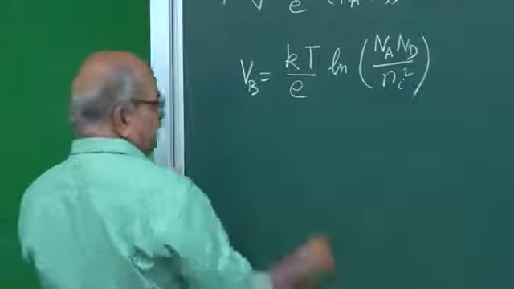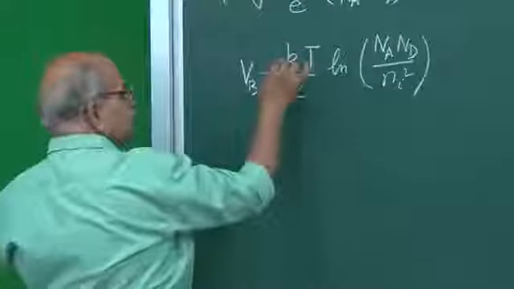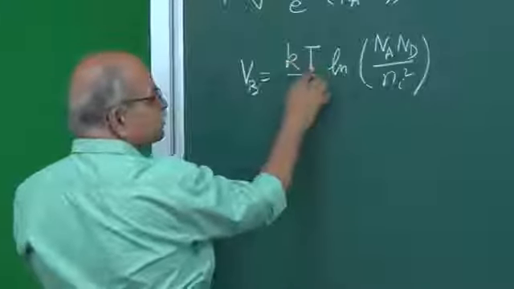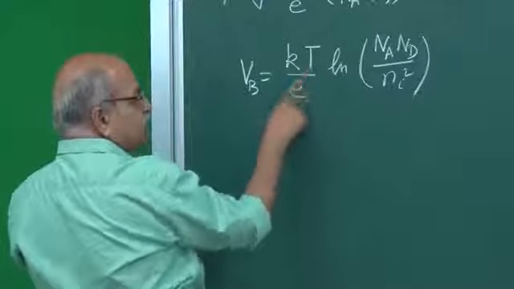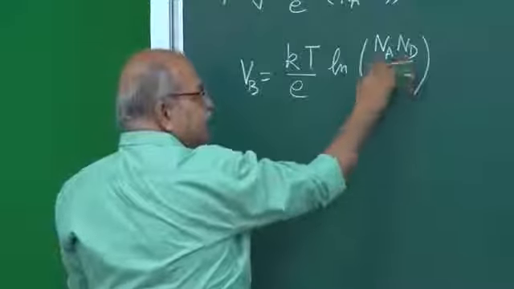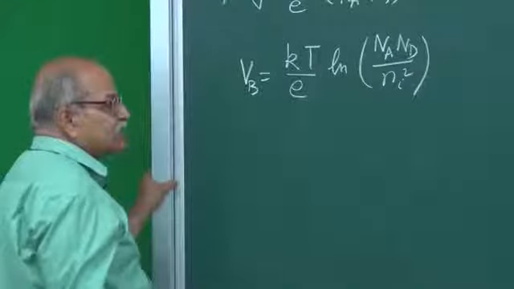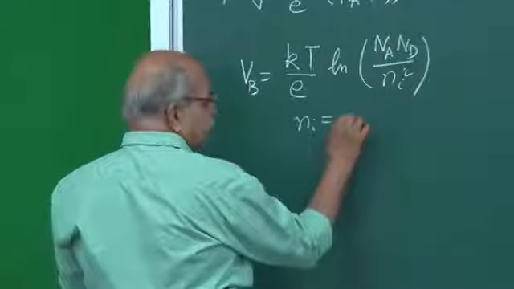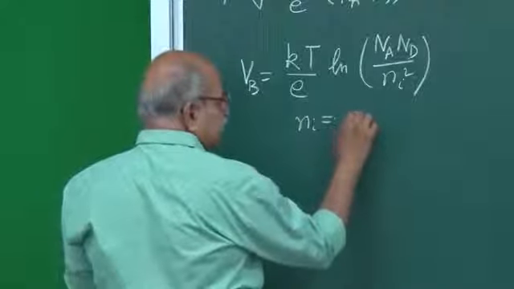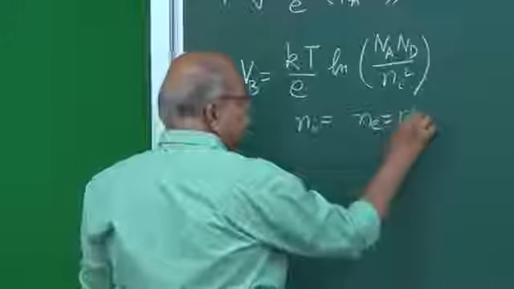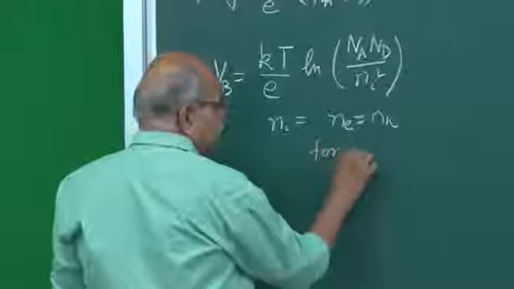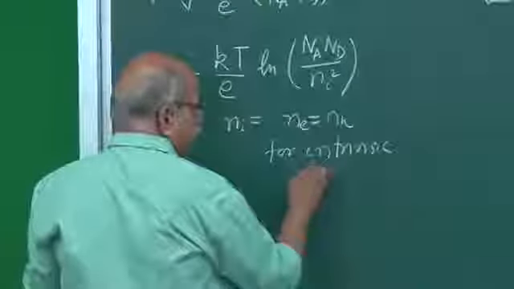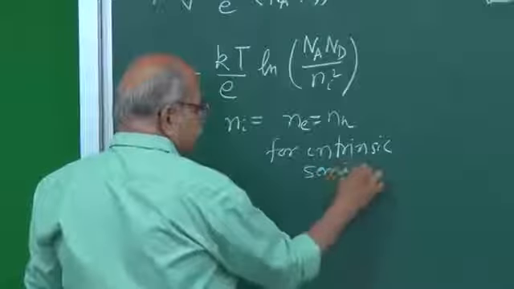You remember we have introduced all these symbols. This is Boltzmann constant K into T, temperature in Kelvin, E the electronic charge, Na, Nd are the densities of acceptor and donor ions, and this ni is just Ne and Nh, which are equal for intrinsic semiconductor before doping.